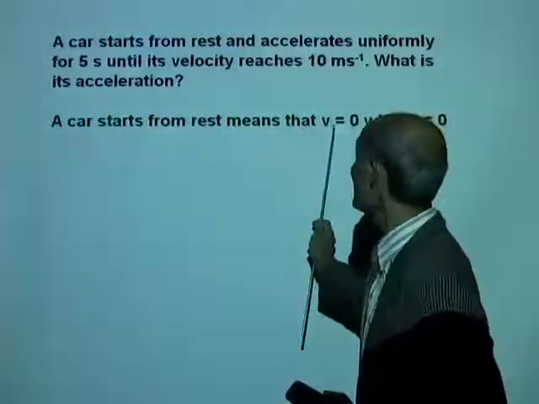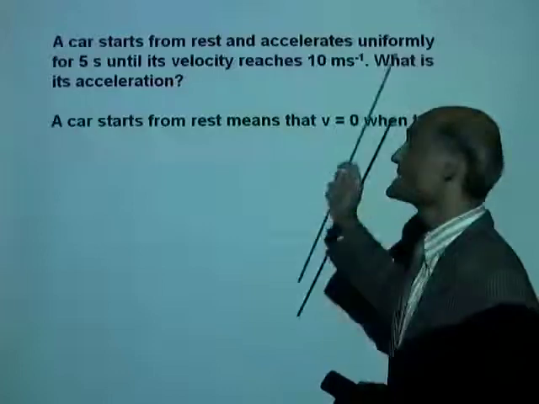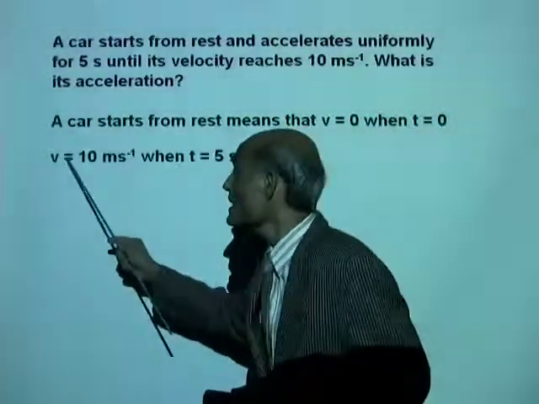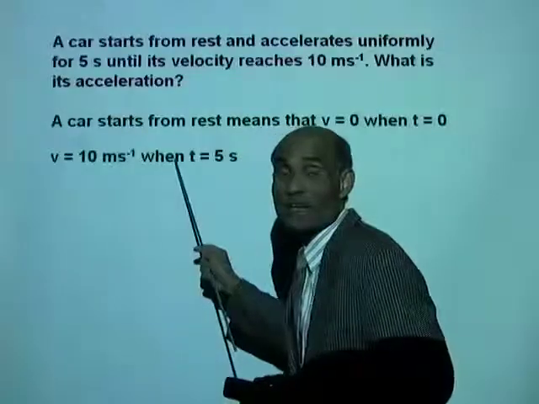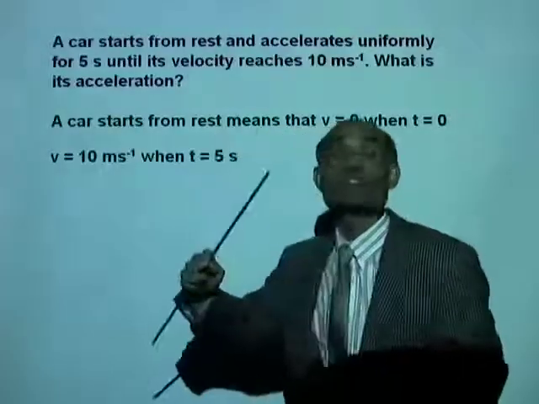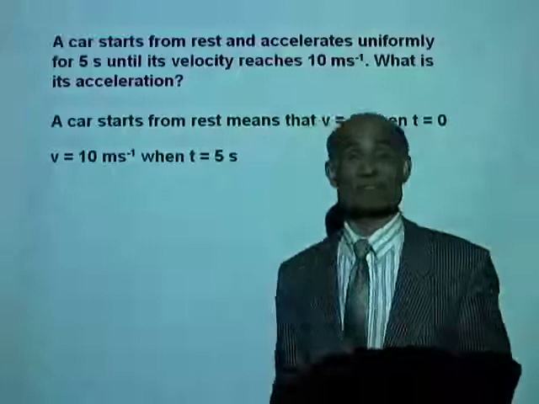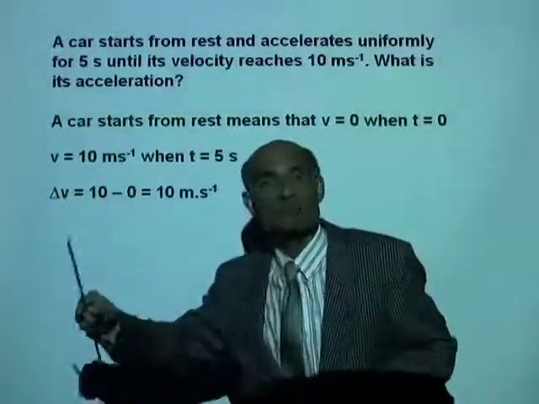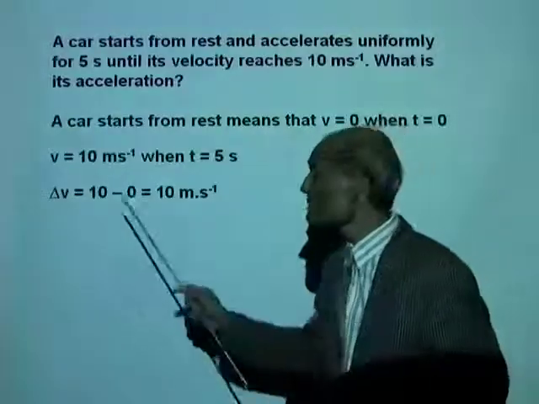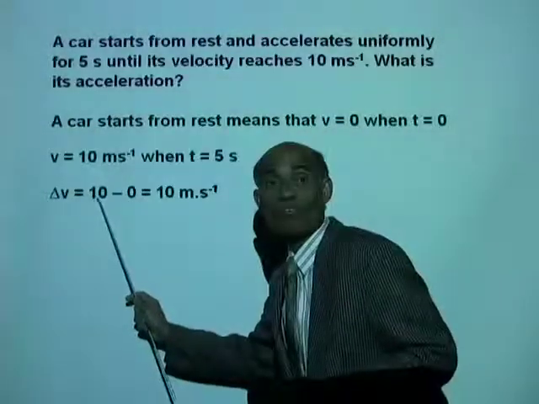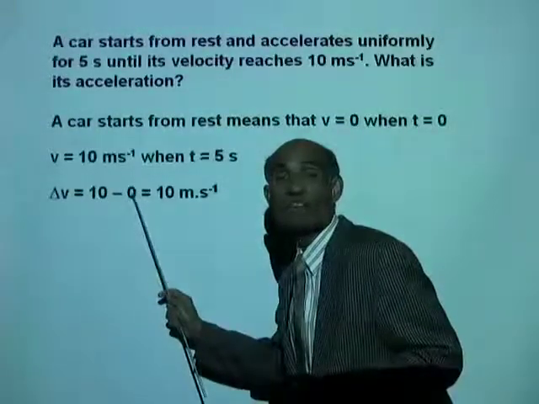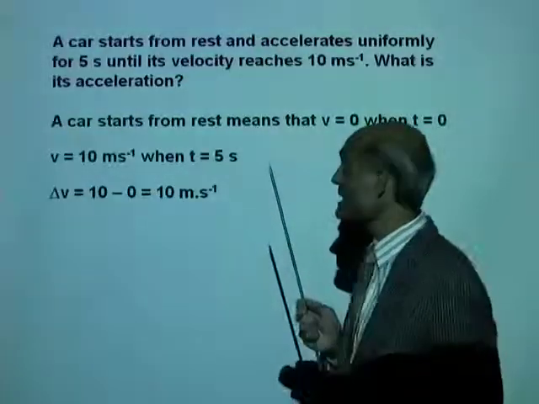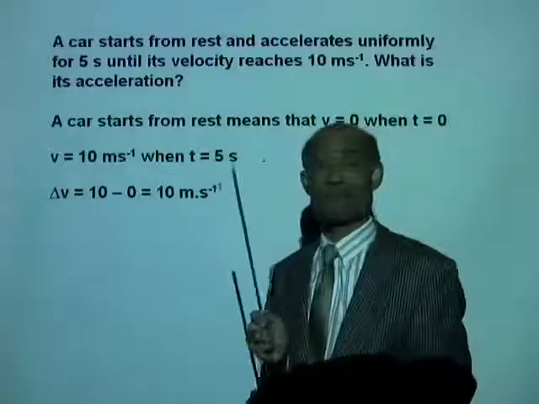Or we say v equal to 0 when t equal to 0. And v equal to 10 meters per second at the end of time 5 seconds. Therefore, what is delta v, the change in velocity? The change in velocity is the final velocity minus the initial velocity. The velocity changed by 10 meters per second.